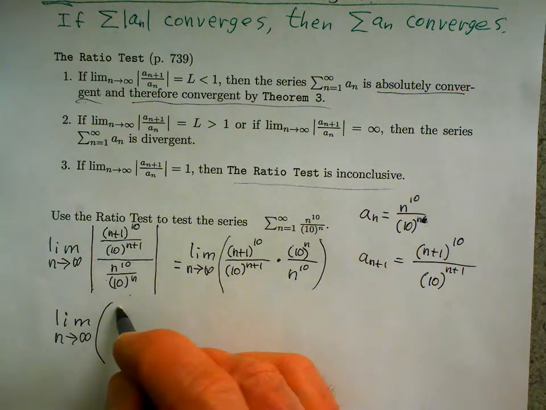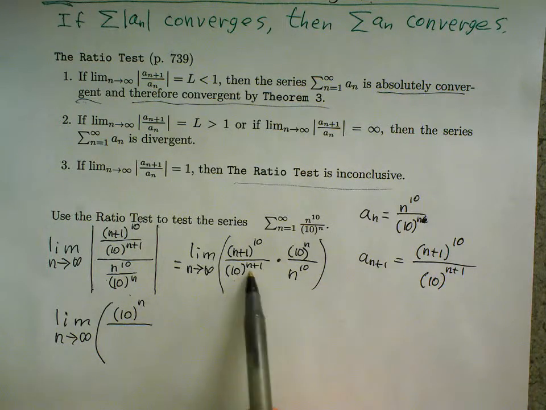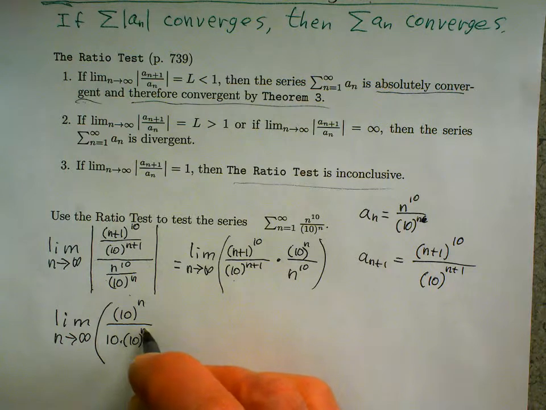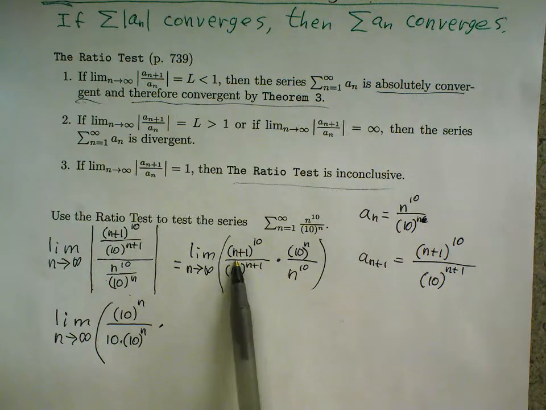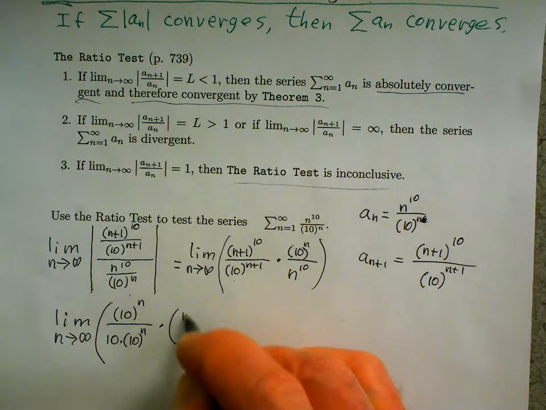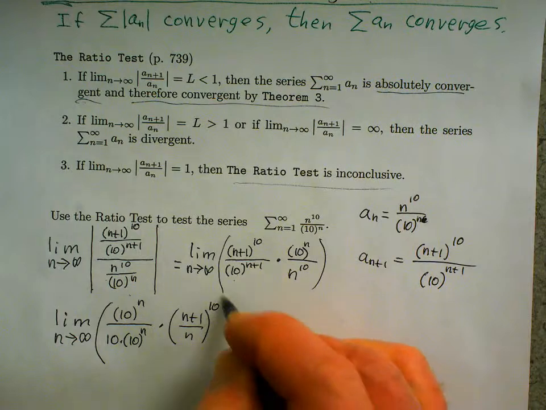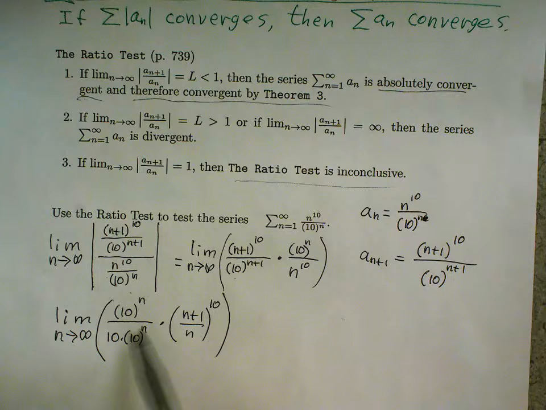I'm going to write 10^n, and then 10^(n+1) is the same as 10 times 10^n, and (n+1)^10 divided by n^10, that's the same as the fraction (n+1) over n, all to the 10th. Over here, we can cancel: 10^n divided by 10^n is equal to 1.